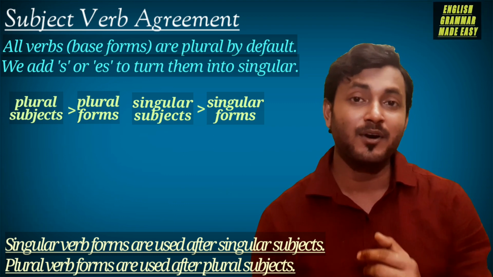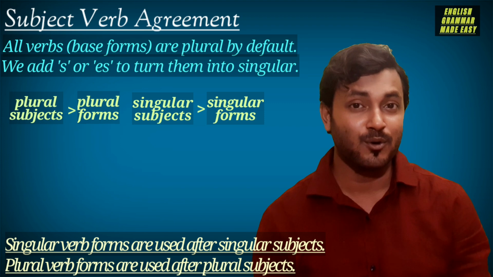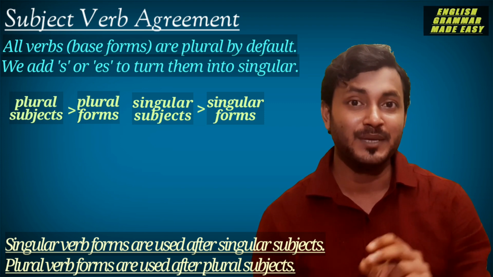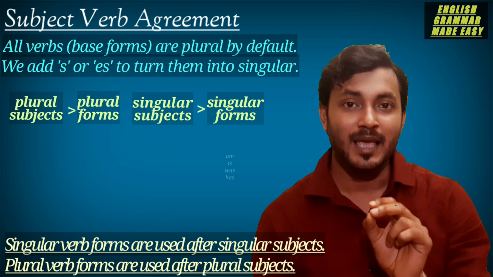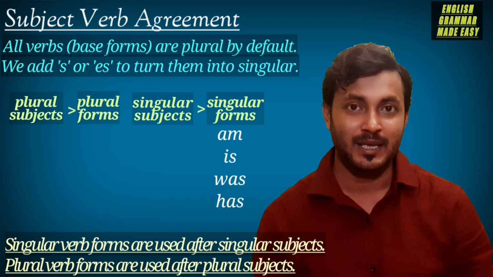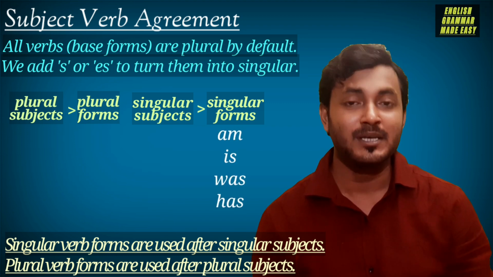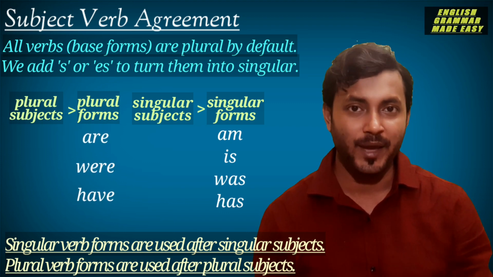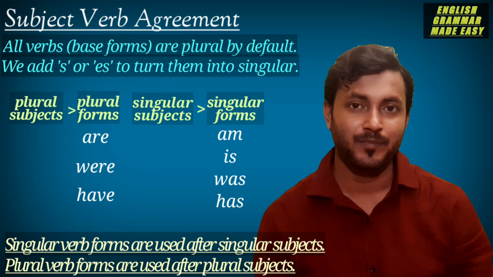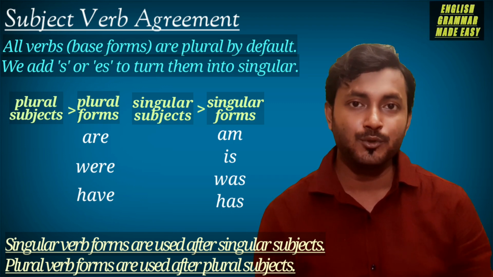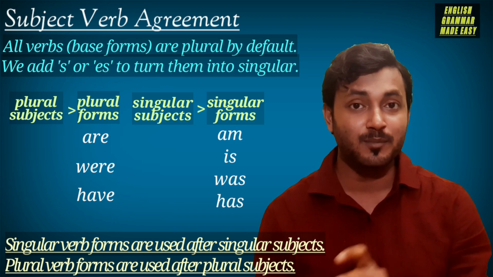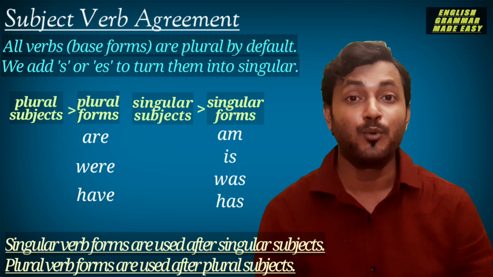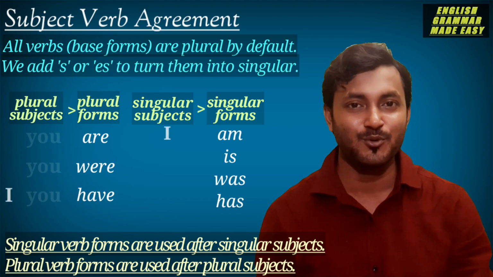In case of be verbs and have verbs, they also have singular and plural forms. The singular forms of be verbs are am, is, and was. And in case of have verbs, it is has. The plural forms are are, were, and have. Similarly, we use the plural forms after a plural subject and singular forms after a singular subject, with the exception of I and you.